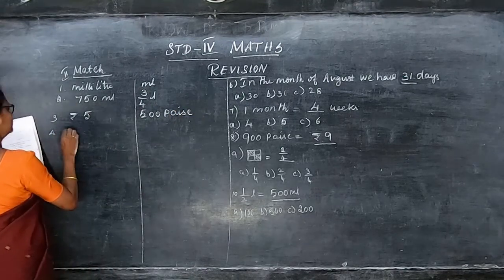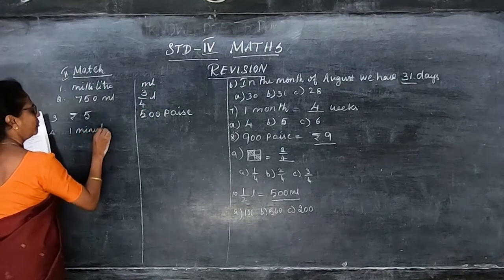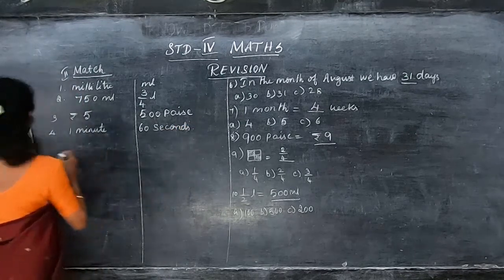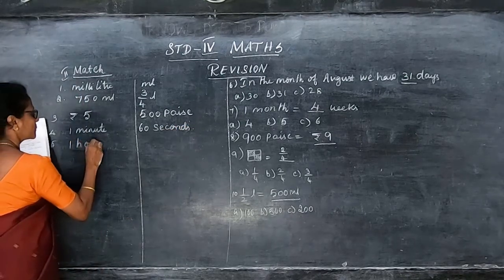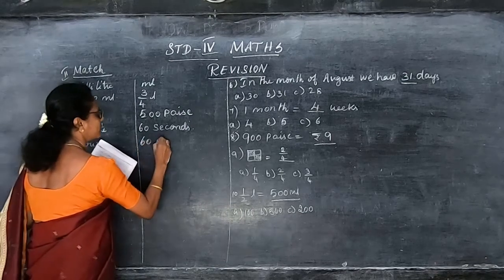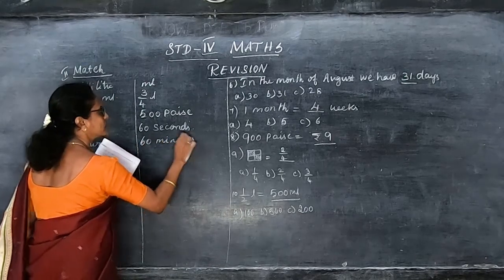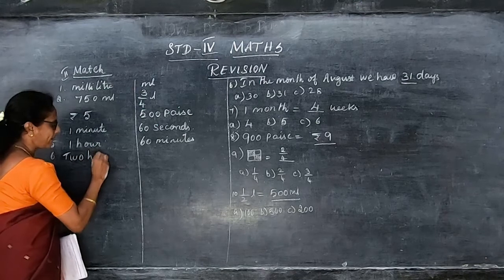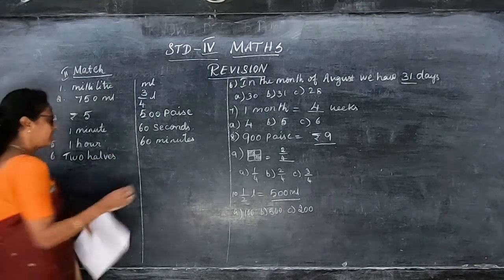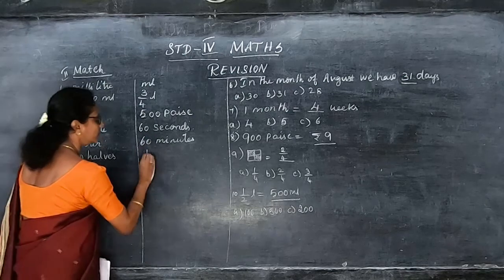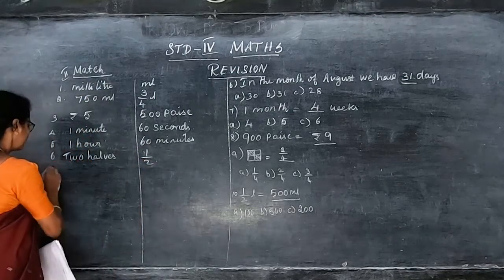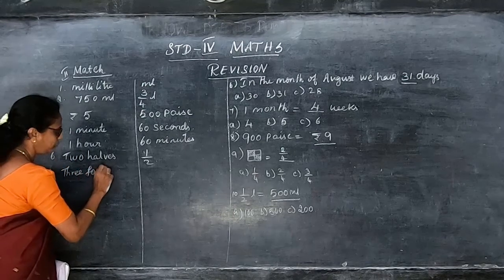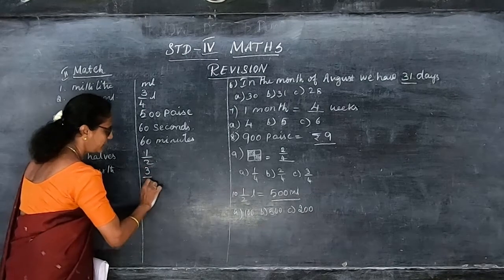So you have to write 1 minute. How many seconds? 60 seconds. So 1 minute, 60 seconds. 1 hour, 60 minutes. 2 halves, 2 halves is 1 by 2. Then 7th one, 3/4 means 3 by 4.